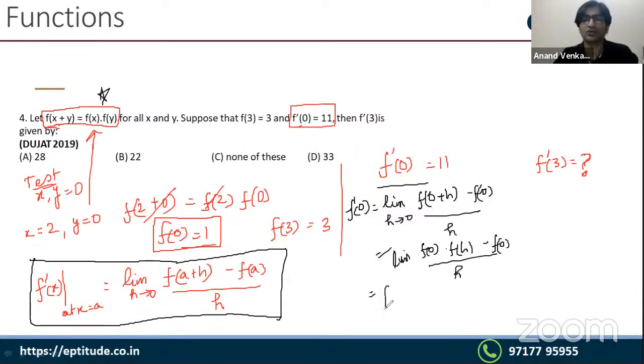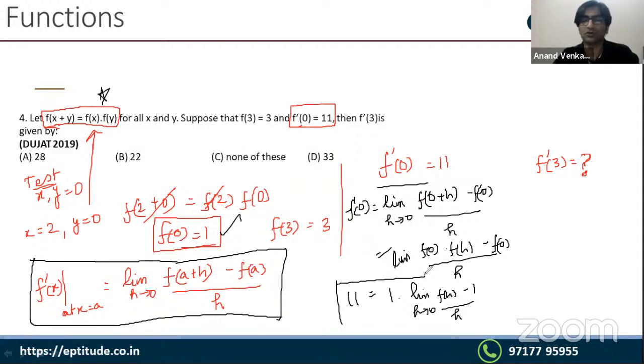So it will become f of 0, which I know is equal to 1. So instead of writing f of 0 I can actually write 1. So this becomes 1 into limit h tends to 0 f of h minus 1 divided by h, is equal to f dash, which is equal to 11.